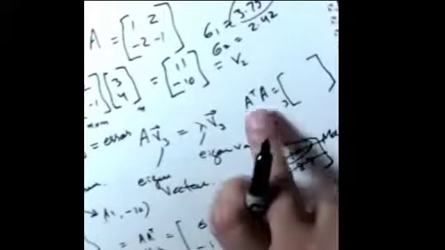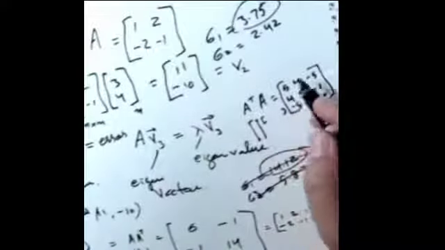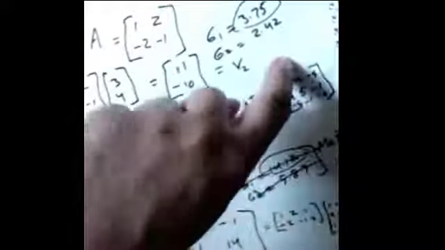So if we take, for example, this A over here and do A transpose A, we'll get a 3 by 3 matrix, which is 5, 4, minus 5, 4, 5, minus 1, minus 5, minus 1, and 10. I use MATLAB to calculate this, so you can verify. But this is a 3 by 3 matrix, right?